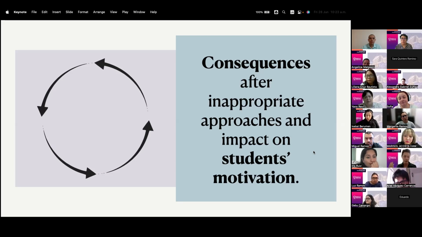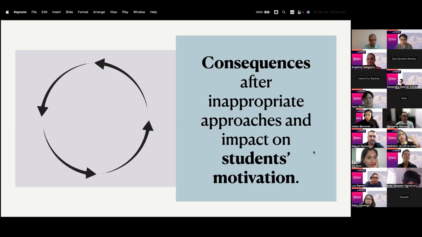Why? Well, maybe they are not receiving the right approach. And then what happens next? They feel unmotivated, and sometimes they just drop English. And what happens next? They want to start studying English again, but they want to start from scratch. That means that they want to start in level 1 again.